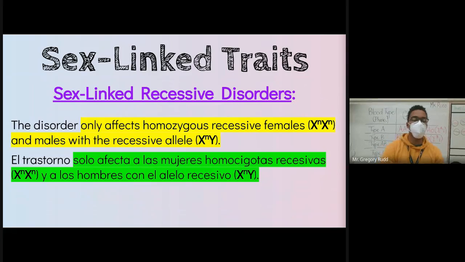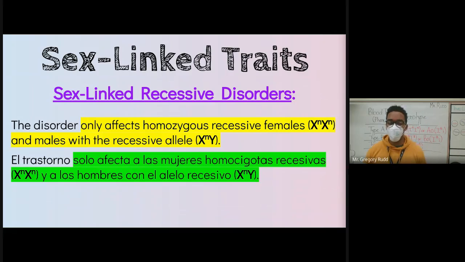So, I don't know that you need to write this down if you just read it and you fully understand it. If you think you need to write it down, then perhaps you should. But what this is saying is that a sex-linked recessive disorder only affects homozygous recessive females and males with the recessive allele.